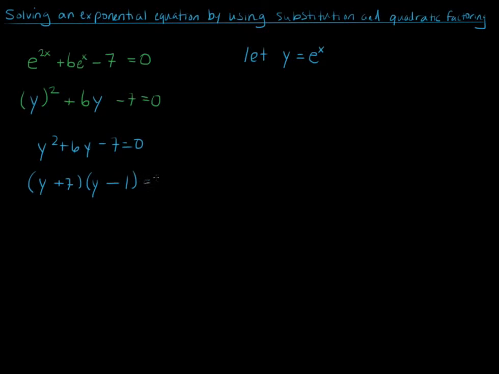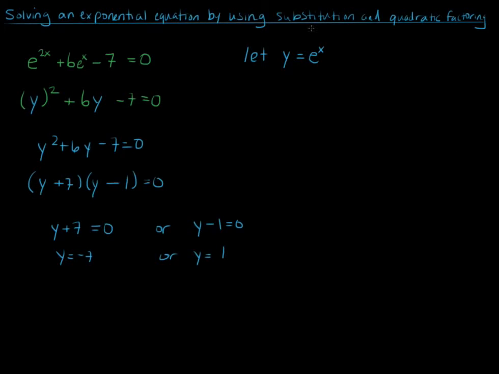Okay, so that equals 0. Very good. So now we have y plus 7 equals 0, or y minus 1 equals 0. So y equals -7 or y equals 1.